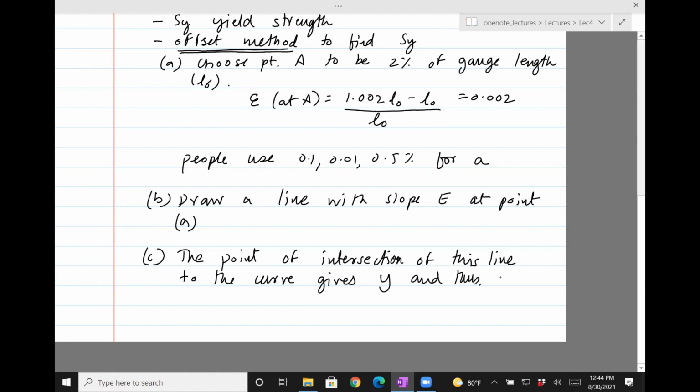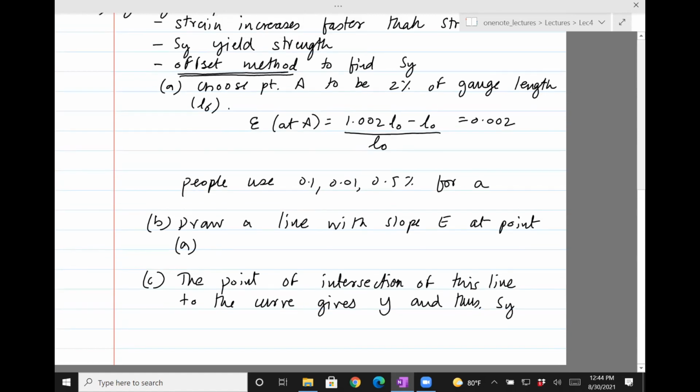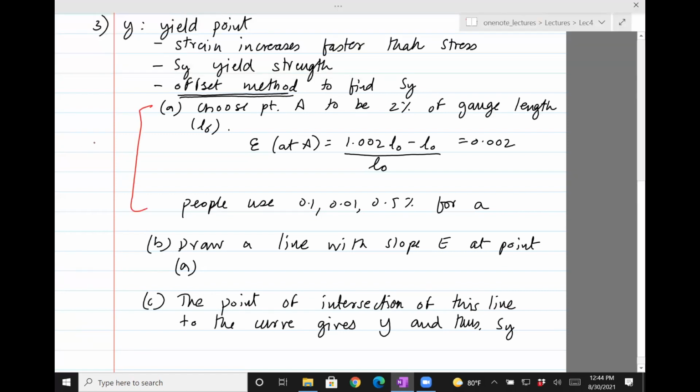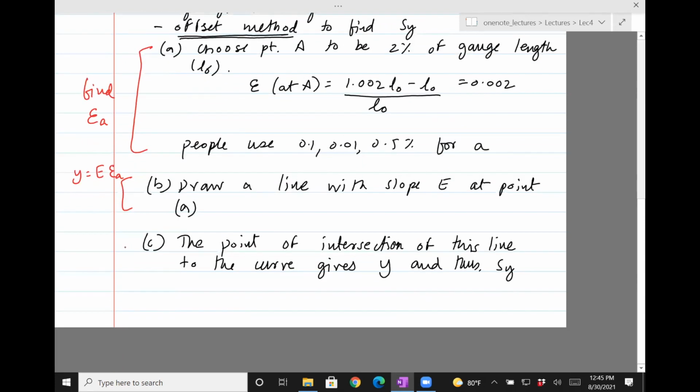And so does Sy. So this is: find strain at A. This one draws the line. So the line equation would be E times A, and then intersection to get Sy. So those three steps give you the yield point and hence the yield strength.